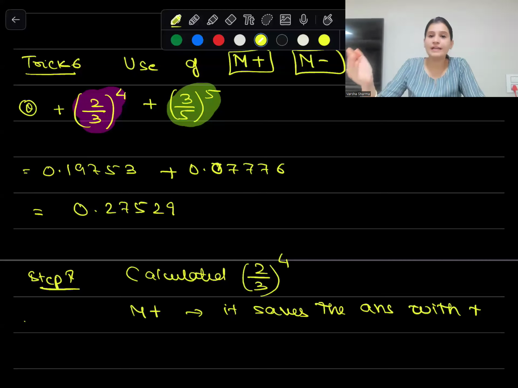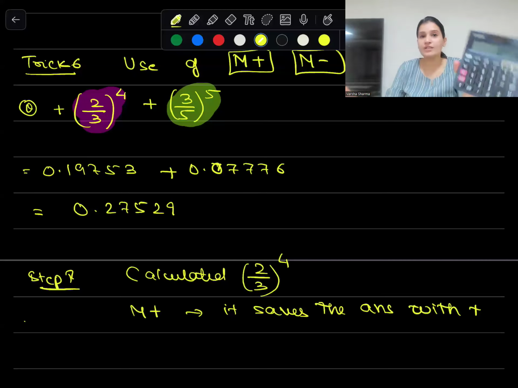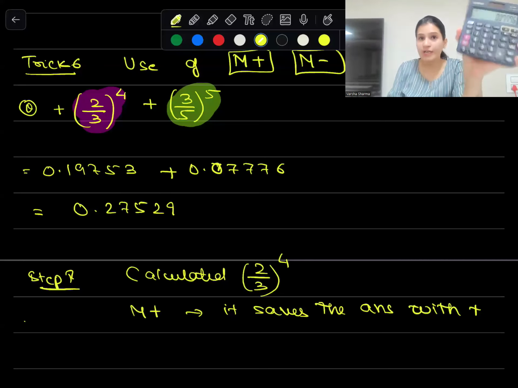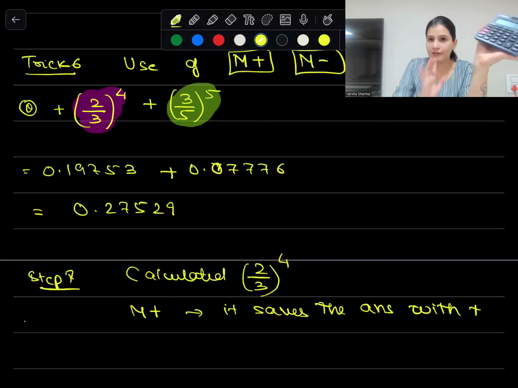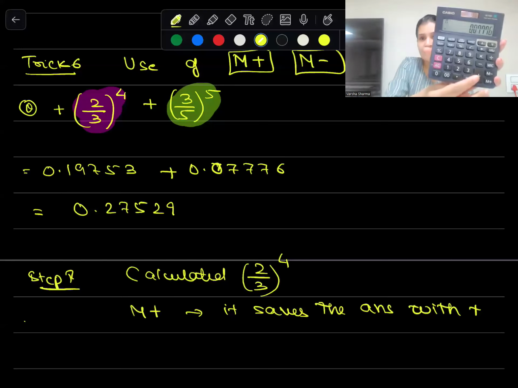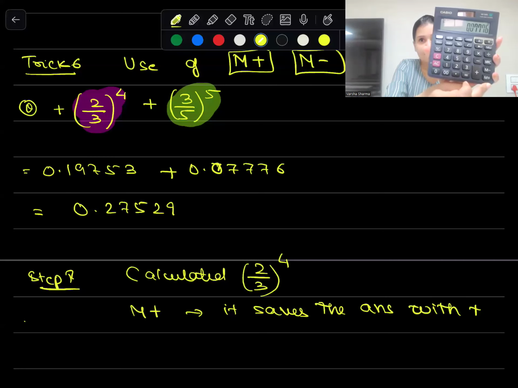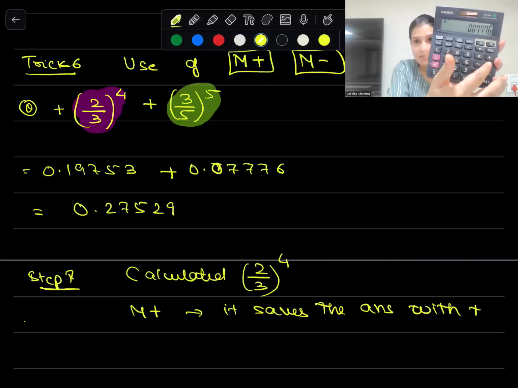Now, I don't have to calculate anything else. So this is my answer. What I want to do is add the previous value. So now I'll press plus and I'm going to recall from the memory. This MRC means memory recall. I'm going to press this MRC.